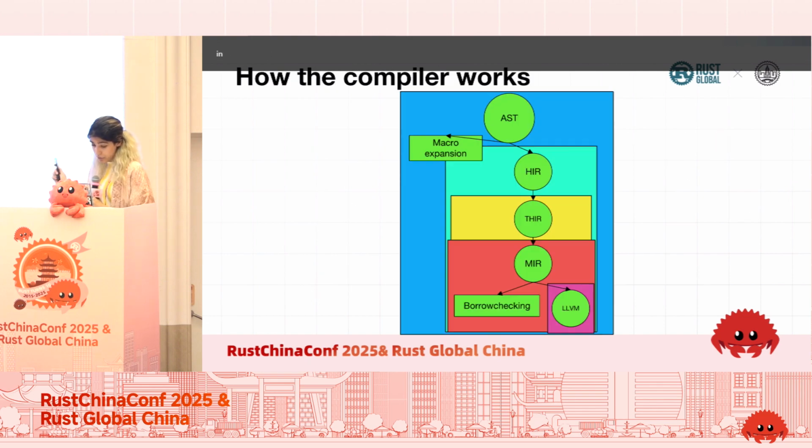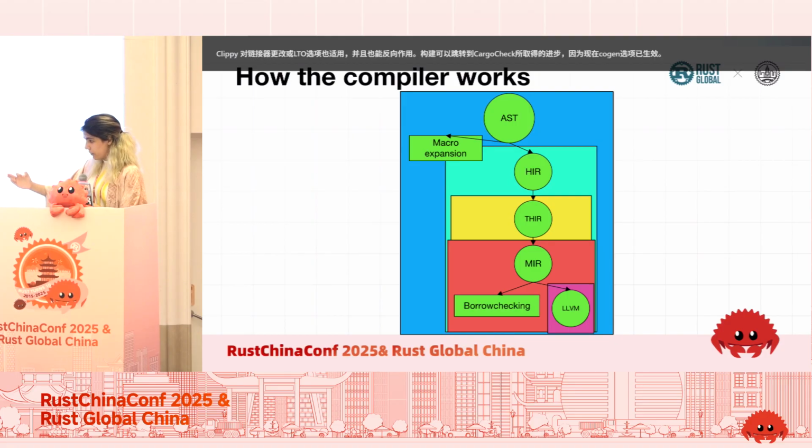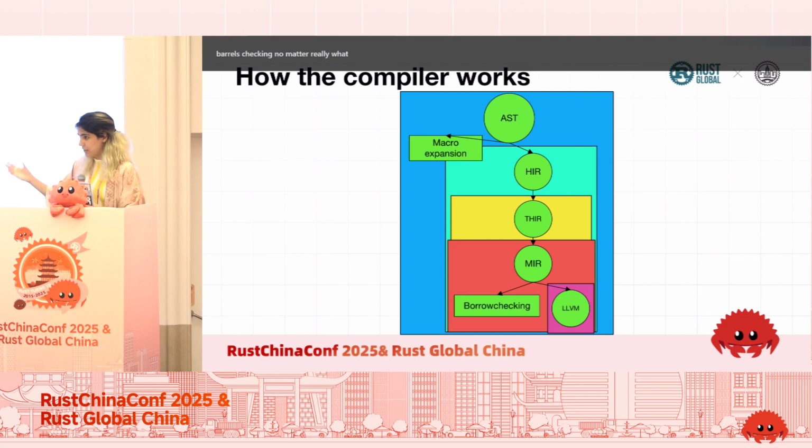So, apart from not rechecking clippy for linker changes or LTO options, that also goes in the other direction. Build can jump off the progress that cargo check made, because now that codegen options are extracted from hashing, we can guarantee that emit binary will always overlap borrow checking, no matter really what else changes, as long as the other data dependencies are still the same.